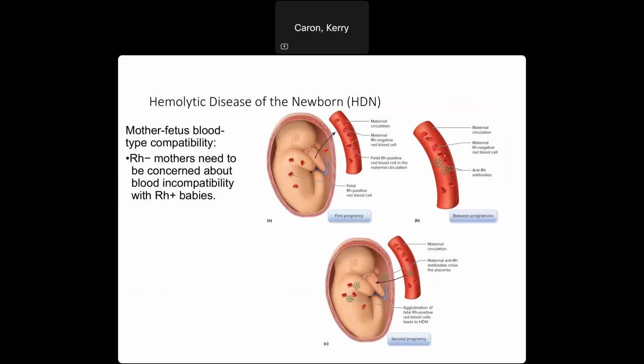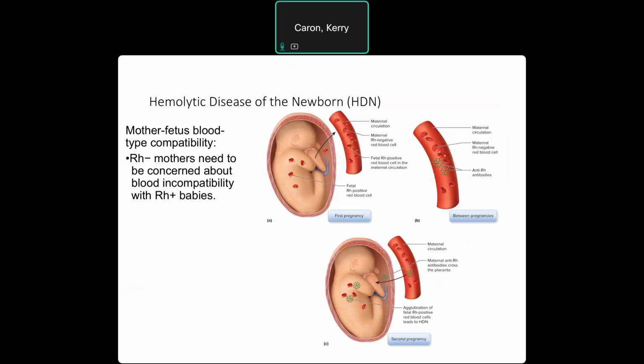Okay, so where does this come into play? This is very important with a mother and a baby, mother and a fetus. Blood type compatibility. So an RH negative mother, if a woman has no RH antigens on her cells, then she has to be concerned if the father or the baby is RH positive.